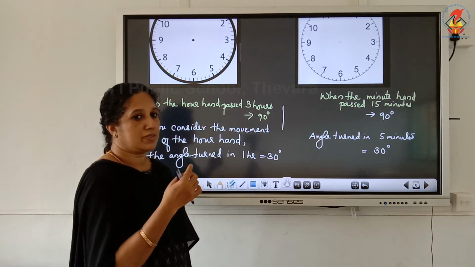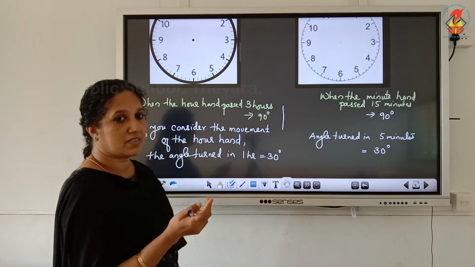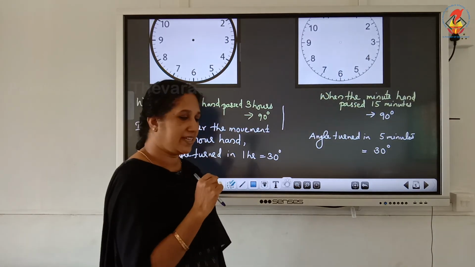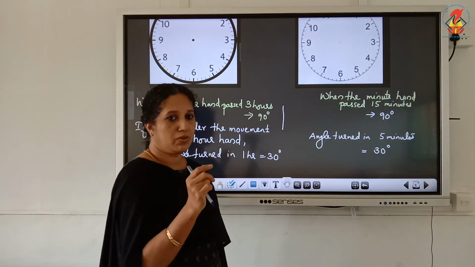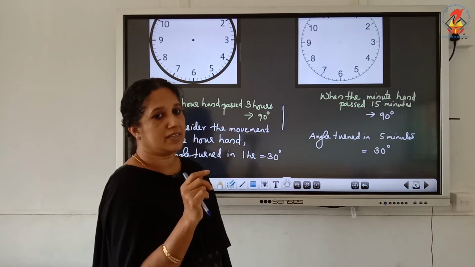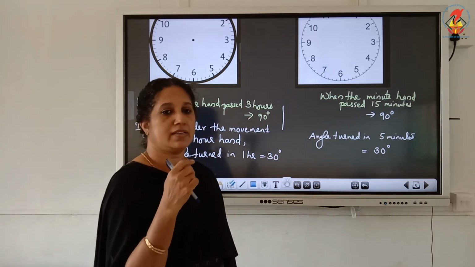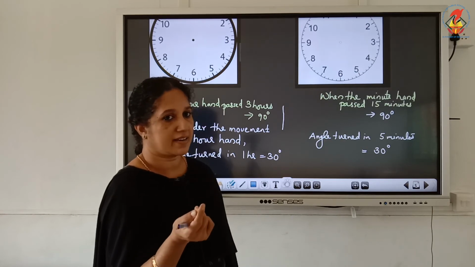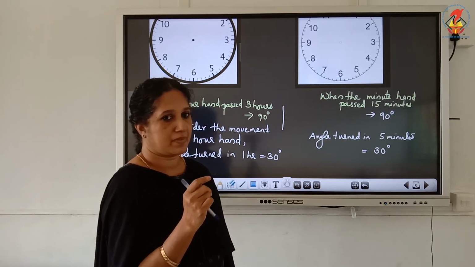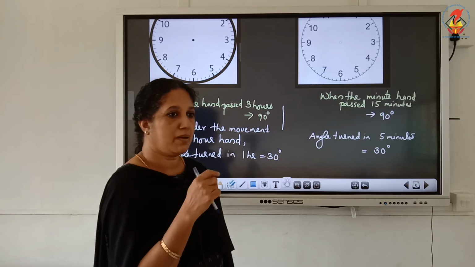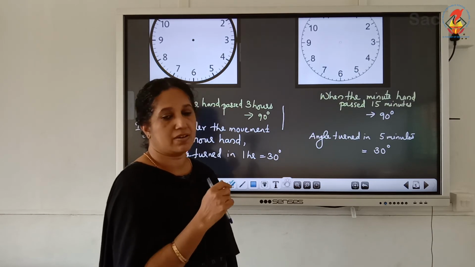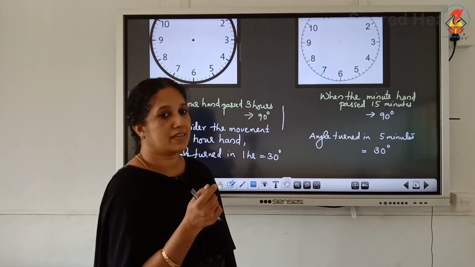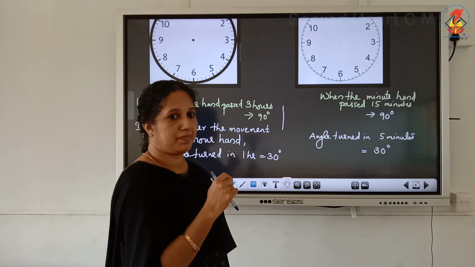So the angle turned in 3 hours will be 90 degree. If you find the angle turned in 3 hours as 90 degree, the angle turned is a right angle. And if the number of hours passed is 6 hours, the angle turned will be a straight angle.